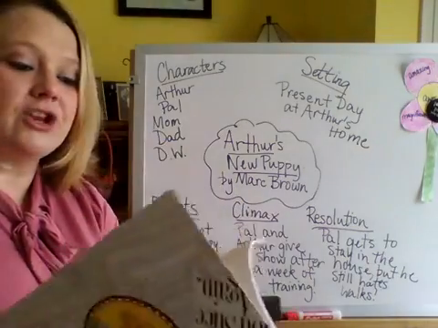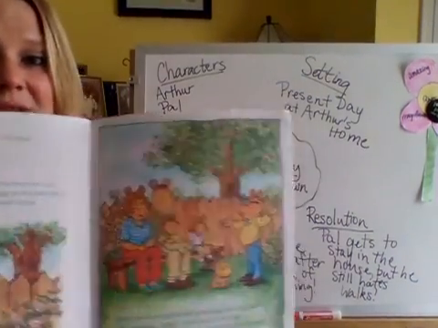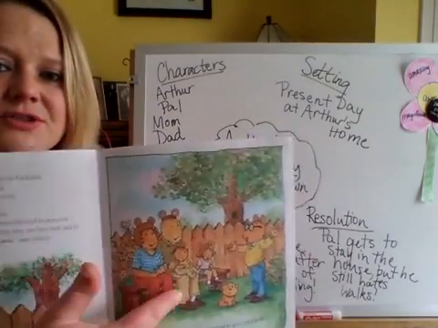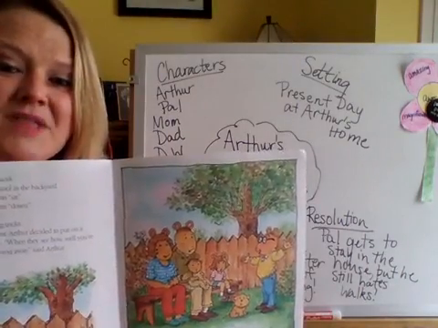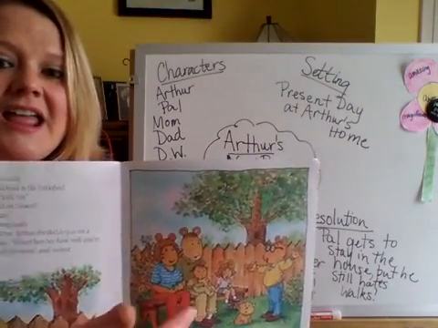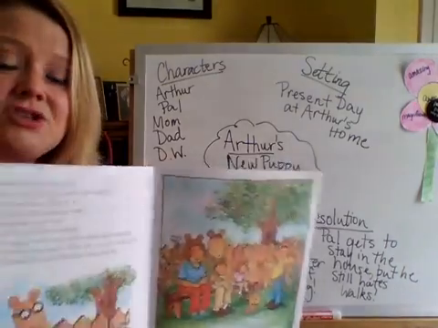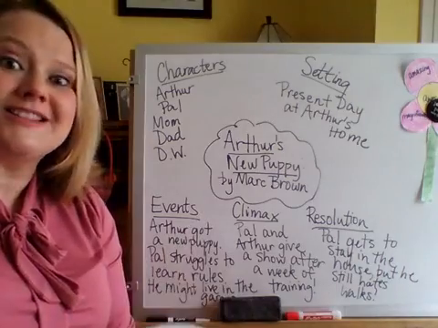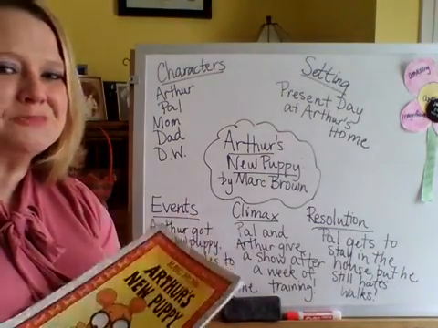Personification is giving human-like characteristics to things that aren't human. It makes them people. So as you could see, Arthur's family is a family, I think they're supposed to be aardvarks, if I remember correctly. They are acting like humans. So the story itself, sure, it could be realistic fiction, but it becomes fantasy fiction when the characters are animals.